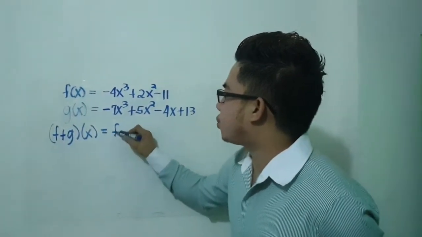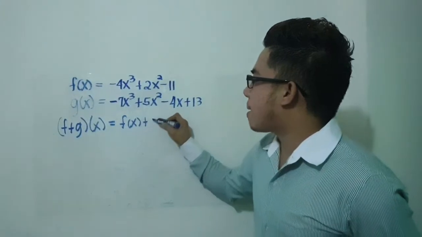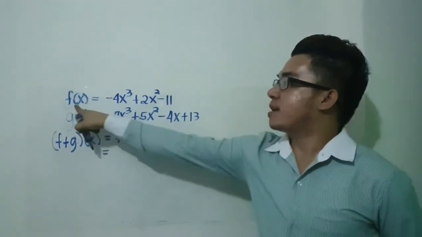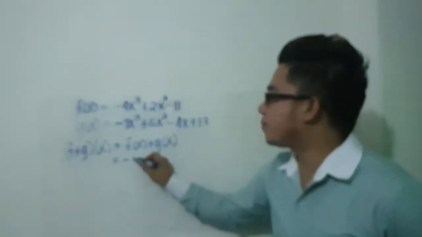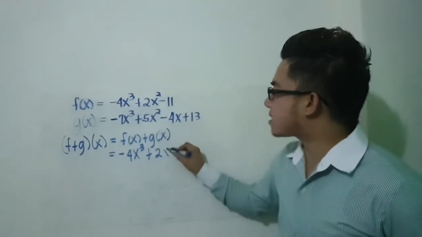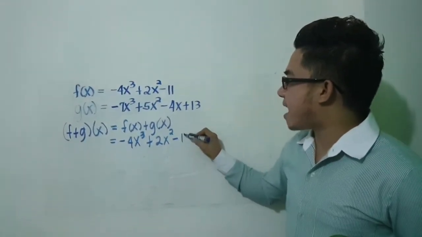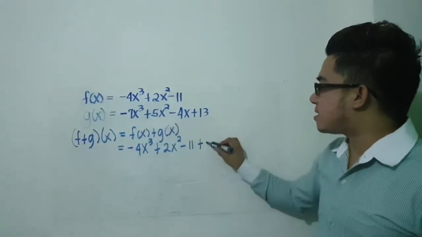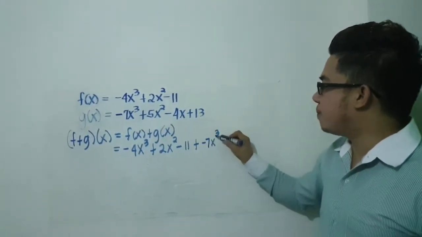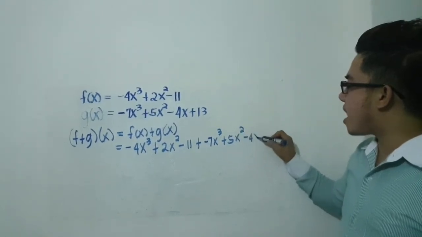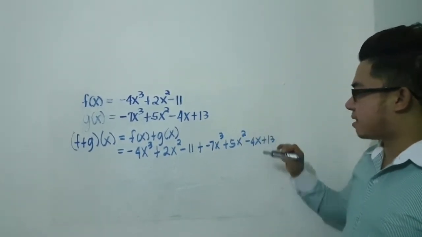So this is equal to f of x plus g of x. So we have f of x is equal to negative 4x cubed plus 2x squared minus 11 plus g of x is negative 7x cubed plus 5x squared minus 4x plus 13.